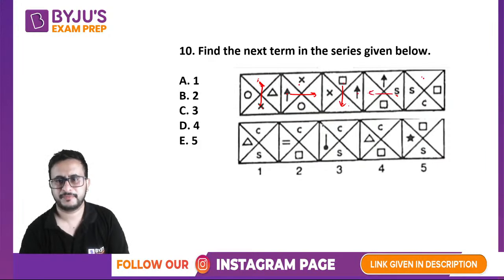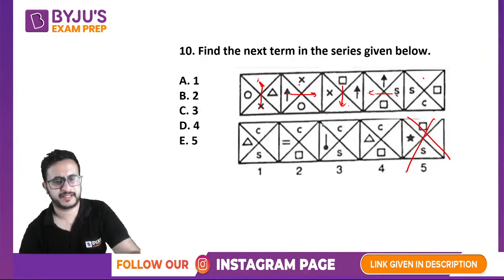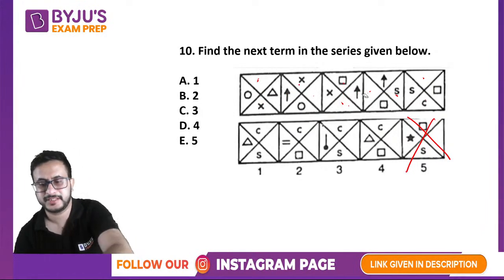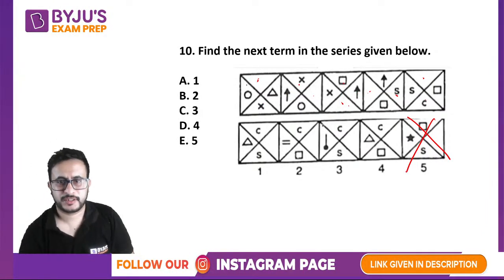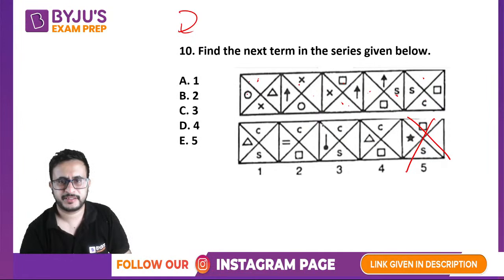Now C will come here, so we can eliminate this option, right? C will be present. Now one of these will get eliminated, so let us see which one. Now if you see this, if we are seeing in a clockwise direction, the one that was just before the blank moved one space backside.